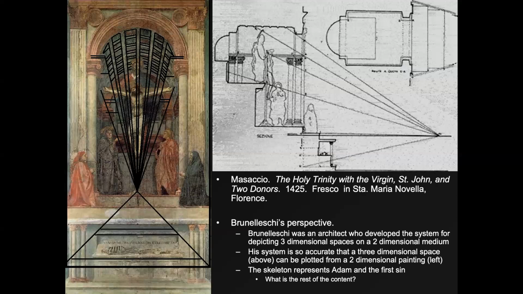So Christians believe that this original sin not only created those three things, but left a stain on humanity that prevented them from reaching heaven. Christians believe that after they die, they will go to heaven and they will be one with God. So the first sin and the idea that humans are going to die is pictured here. The skeleton represents Adam.